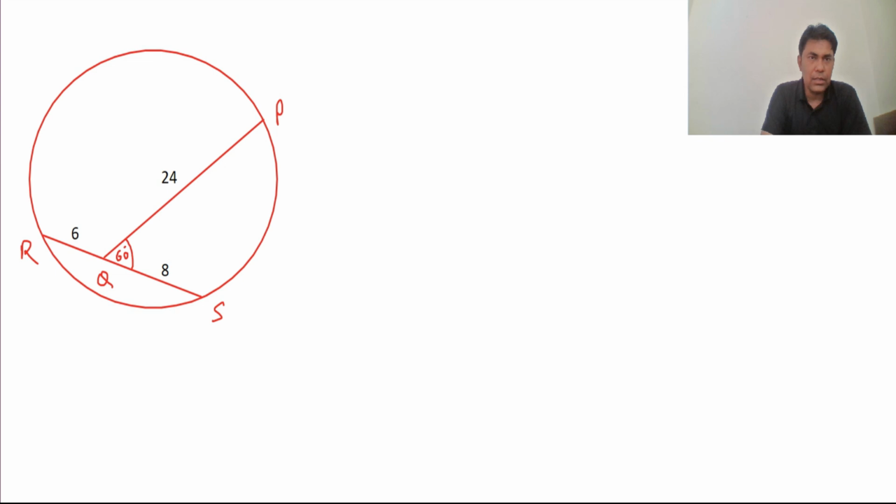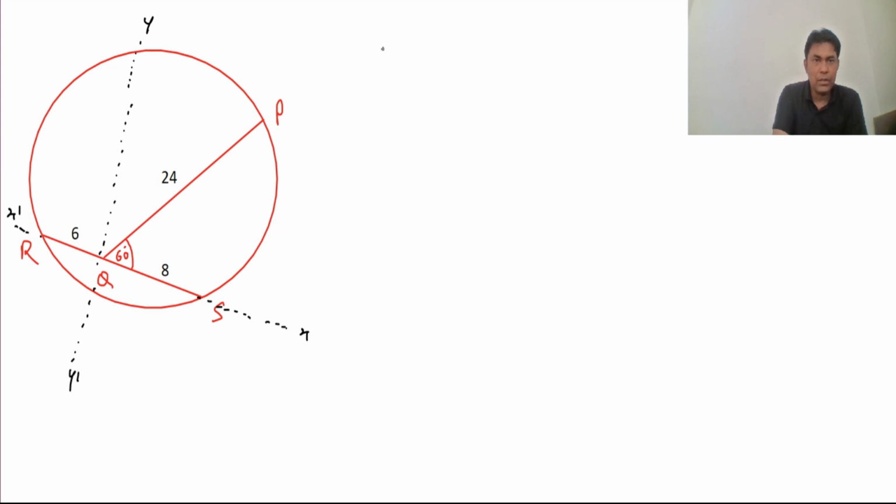In order to find the radius of the circle, we will be using the coordinate geometry approach. Very first, considering RS, we extend RS and consider it as the x-axis. So this is x and this is x dash. Similarly, taking Q as the origin, we draw the y-axis, so this is y and y dash.